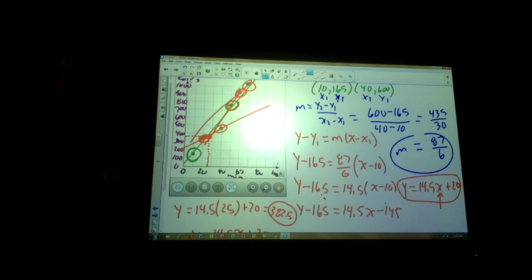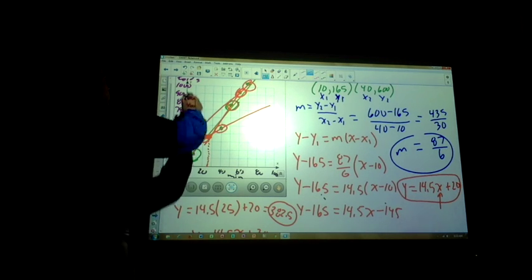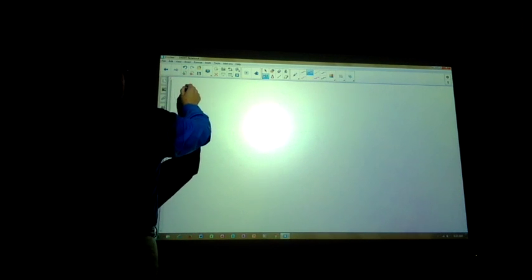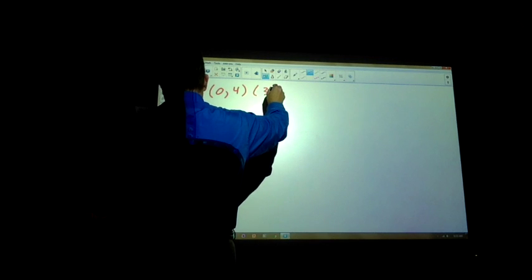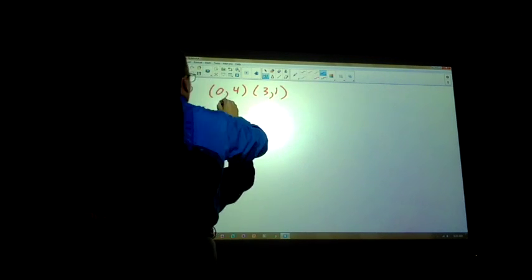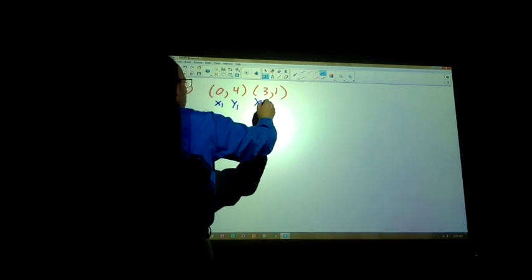Okay? Number 7, you have to do the 3 steps in order to get through it. You have to find the slope first. Well, before that, you have to label x1, y1, x2, y2, right? Anybody need number 7 seen? 3 steps, okay? Every time it's the same 3 steps no matter what. I'm given these points. x1, y1, x2, y2.